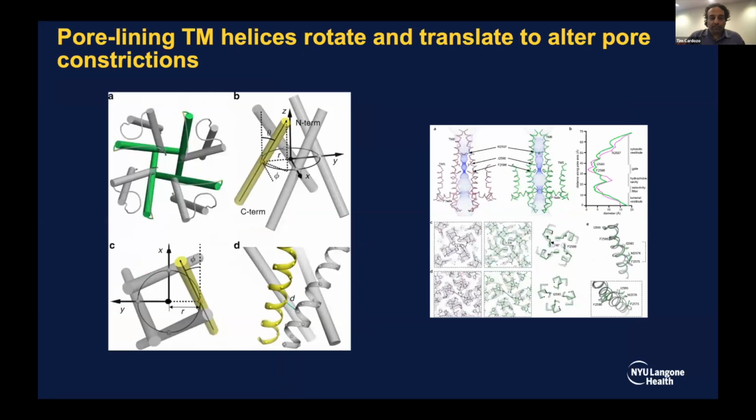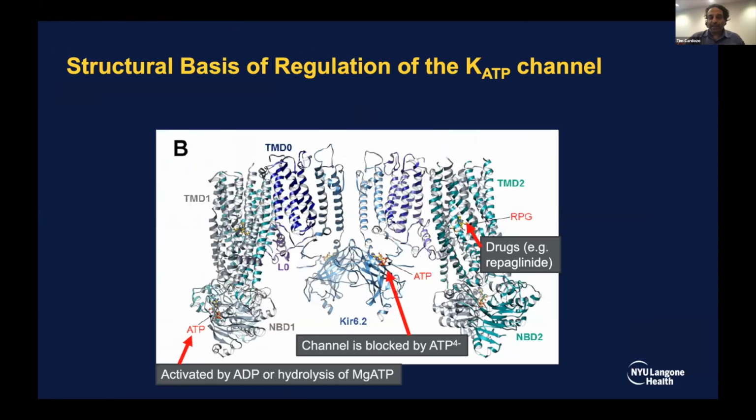And the way we think these channels work is with tilting and rotating of the central helices surrounding the pore, which creates and modifies this series of constrictions at the gates into different shapes, which are moved and widened in the open channel and focused and constricted in the closed channel. So all of that is happening in the central area here.